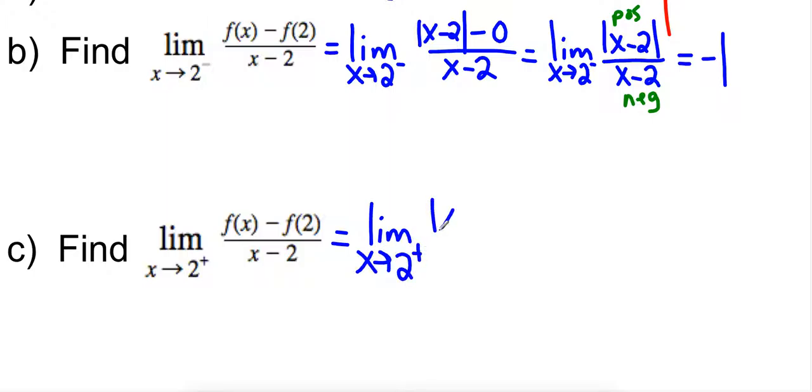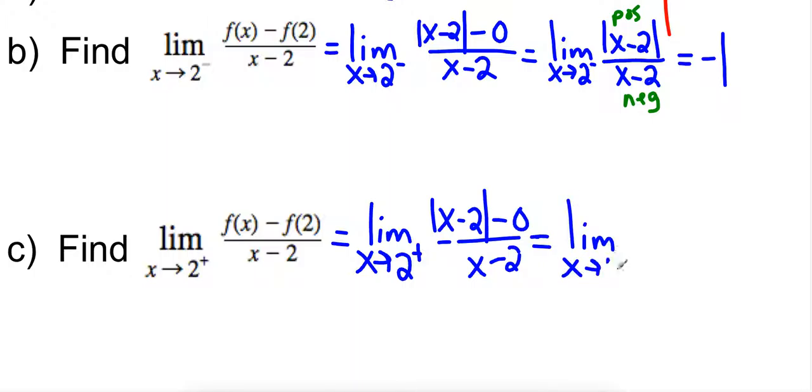Okay, let's look at it from the right. So f of x is still the absolute value of x minus 2, minus f of 2, you just plug in 2 and you get 0, over x minus 2. Oh, there's no absolute value there. Sorry. Okay, so this gives us the limit as x approaches 2 from the right of the absolute value of x minus 2 over x minus 2. Okay, same thing.